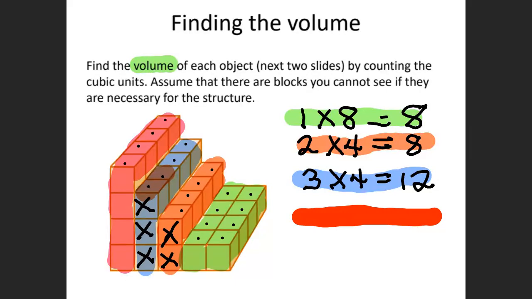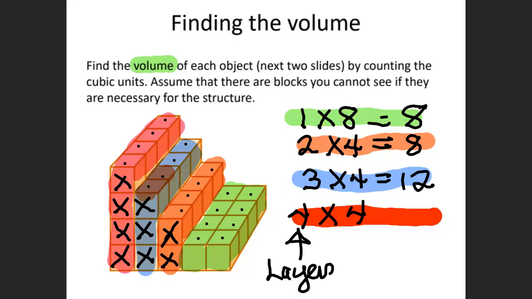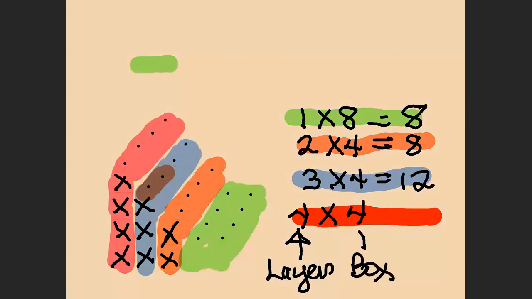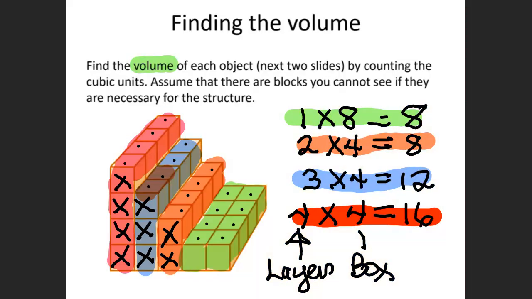So I have 4 boxes, but I have 1, 2, 3, 4 layers. Layers. Boxes. This gives me 16.